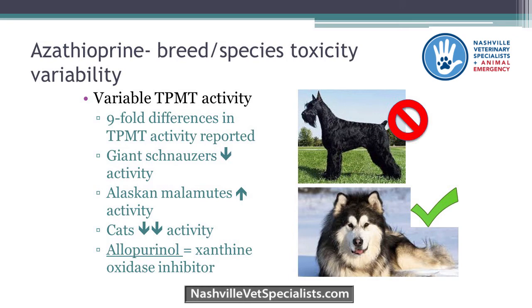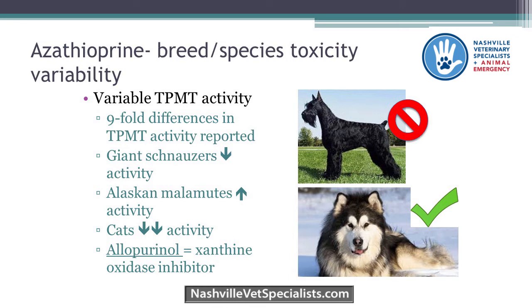And then Alaskan Malamutes have really increased activity. So if you think about it, it's going to convert more of this down into the inactive pathway, and there's going to be fewer that go into the active pathway. And then cats have dramatically reduced TPMT activity, and that's why we can't use this drug in that species.